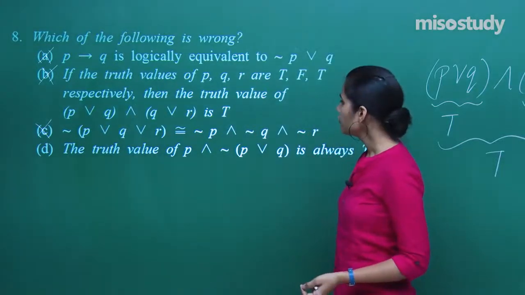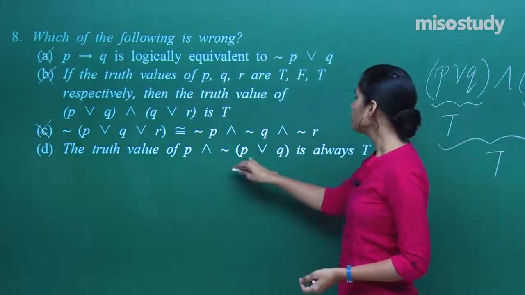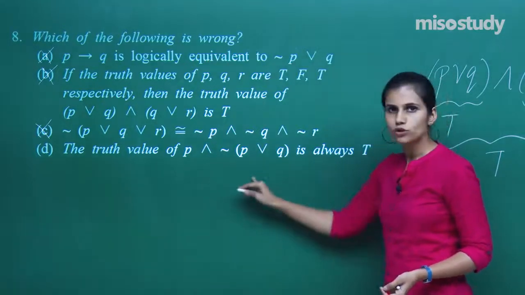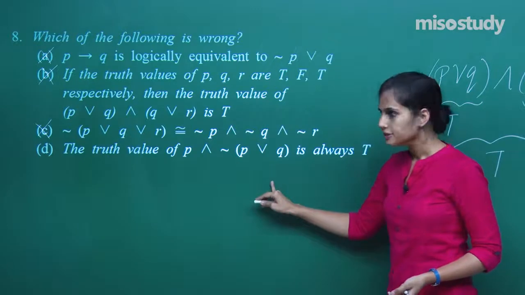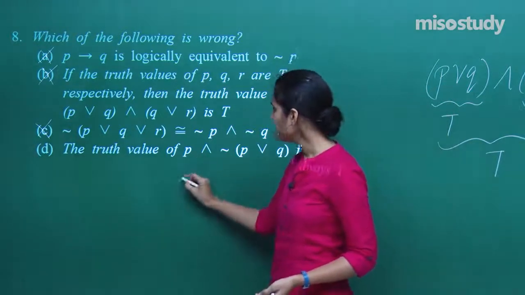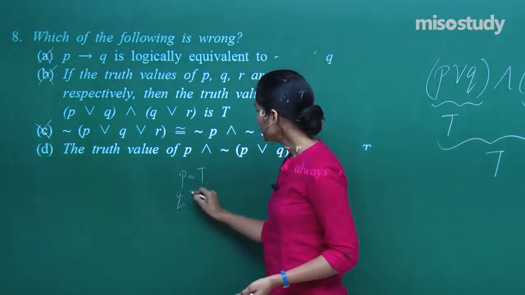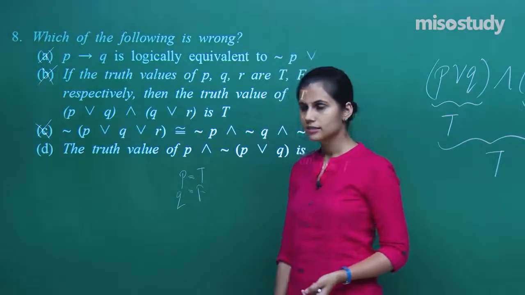The truth value of P and not of P or Q is always true. That means they are trying to say this is a tautology. Is it true or not? Suppose I take P to be true and I take Q to be false.